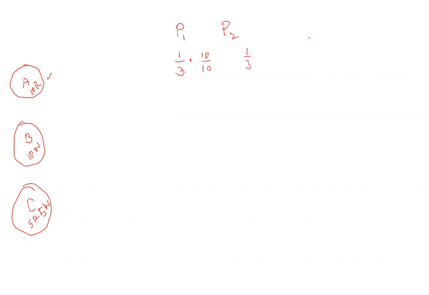What is the probability that you will get a red ball in the second case? 0 out of 10. What is the probability that you select the third box? It's 1/3. What is the probability that if you selected the third box, you will get a red ball? 5 out of 10.